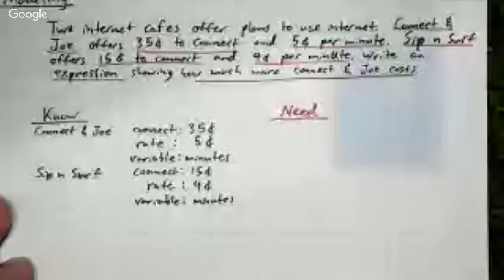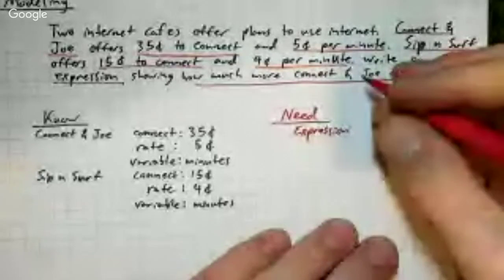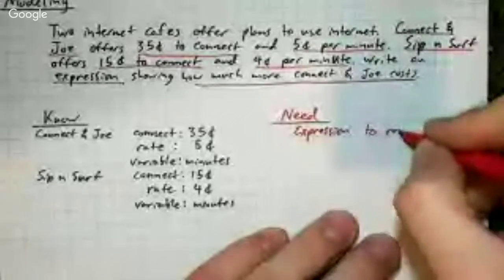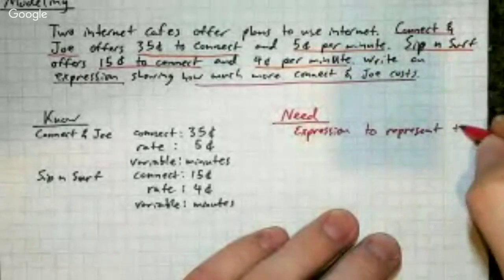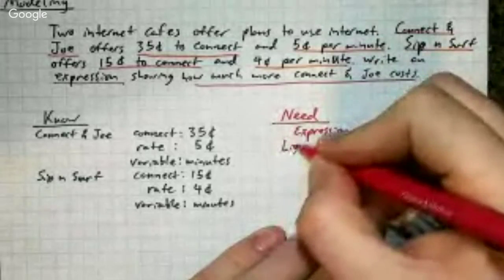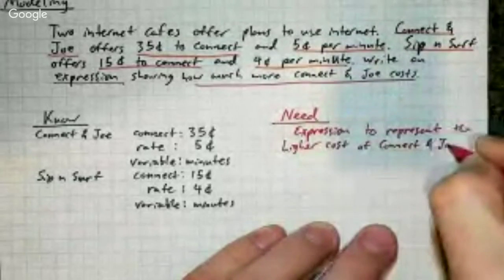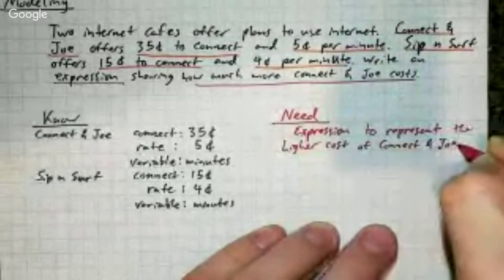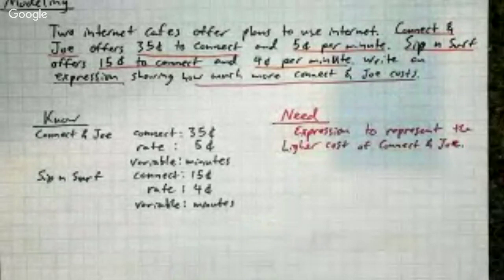So we need an expression to represent the higher cost of Connect and Joe.